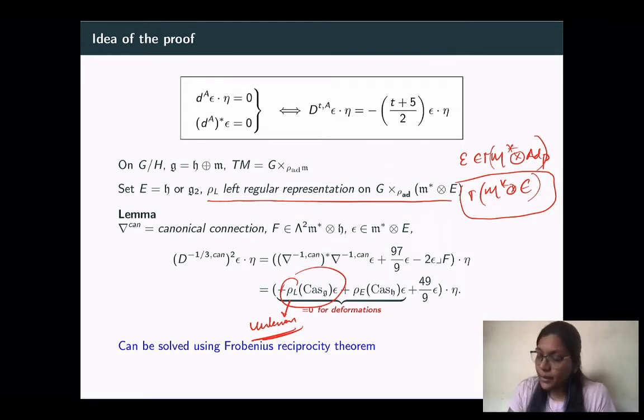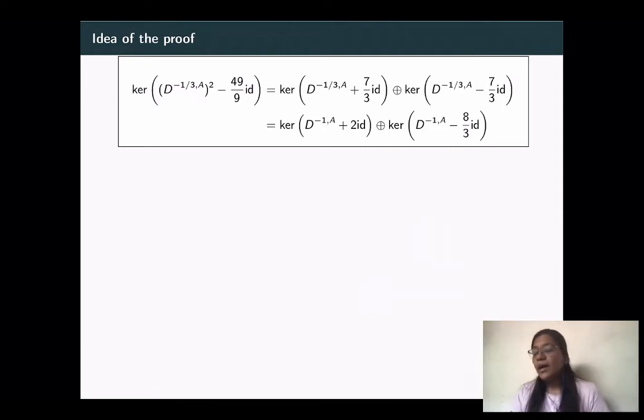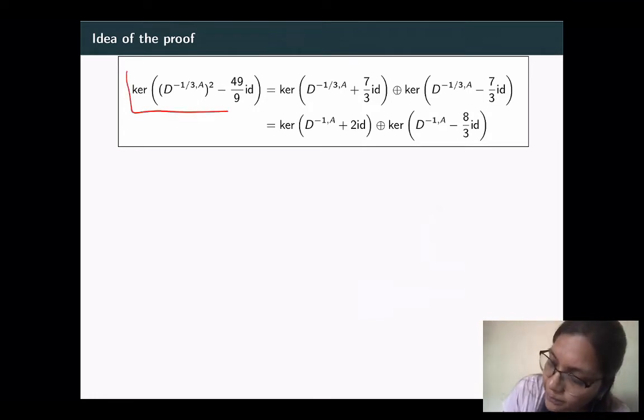Okay, so now we need to solve this equation. We need to find this left regular representation rho L that will satisfy this Casimir condition, and we will have two separate situations, one for E equal to the Lie algebra of H, and another for the Lie algebra of G2. So this is what we do, and once we find all these left regular representations, we know this space.